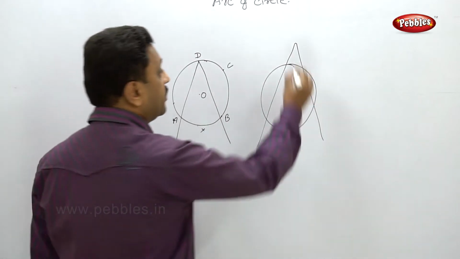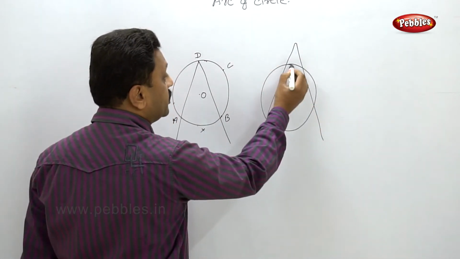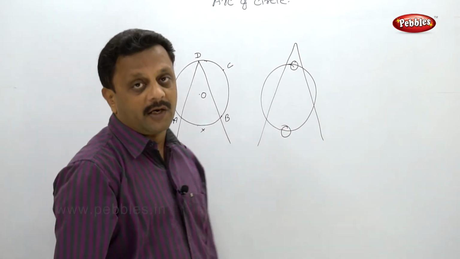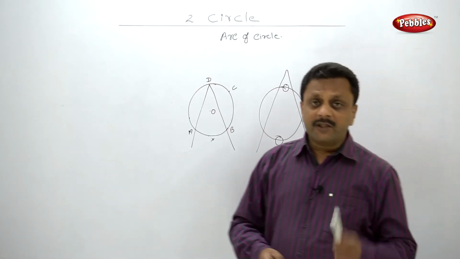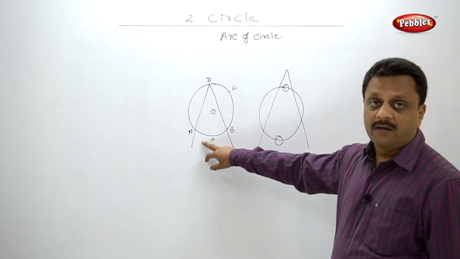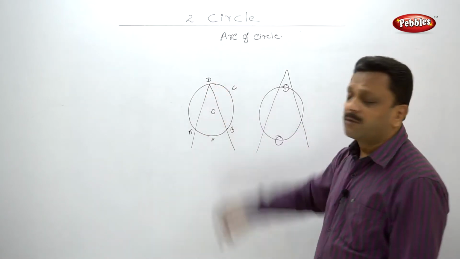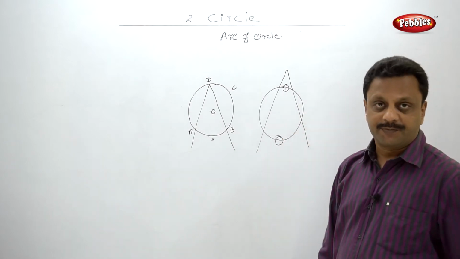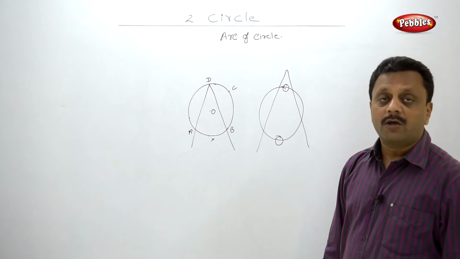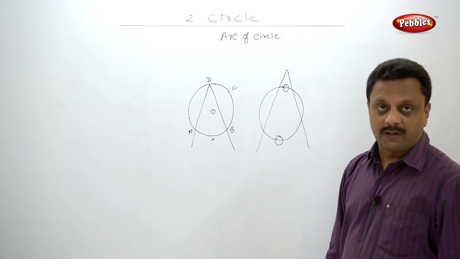Still I will say that this angle has intercepted this arc and this arc, these two arcs. So it is not necessary that if this is an intercepted arc, this angle must be inscribed in some arc, because here the angle is starting outside the circle. It is not inscribed in any arc of the circle.